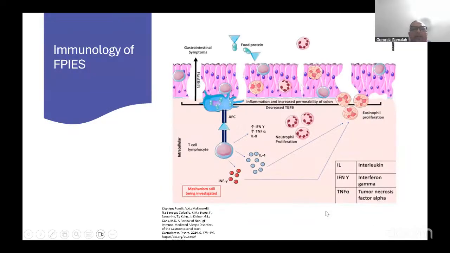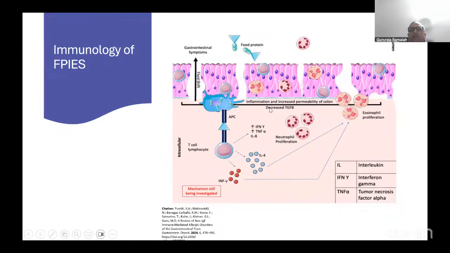So coming to non-IgE, the immunology of food protein-induced enterocolitis syndrome, here the mechanism is still being investigated. The food protein enters and is taken up by the dendritic cells, and it presents to T lymphocytes. T lymphocytes produce interferon gamma and TNF alpha, which stimulates the neutrophils, and they start inflammation in the luminal layer.